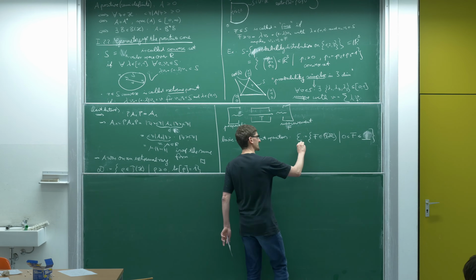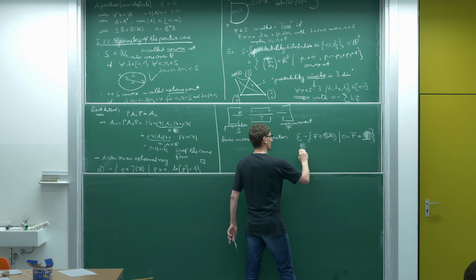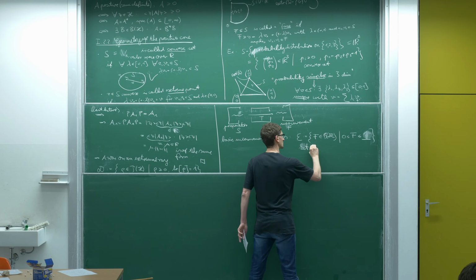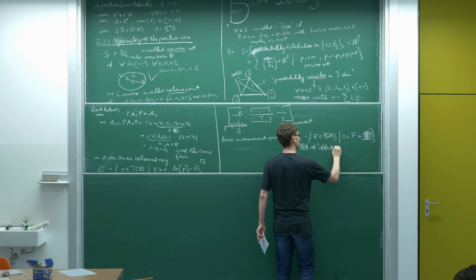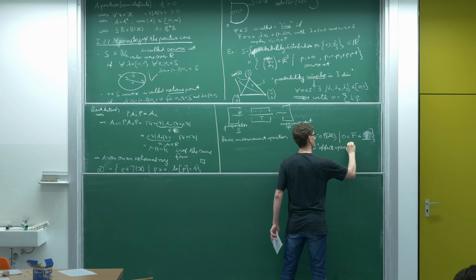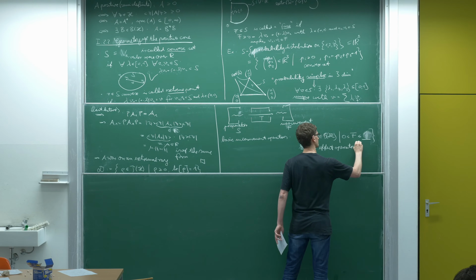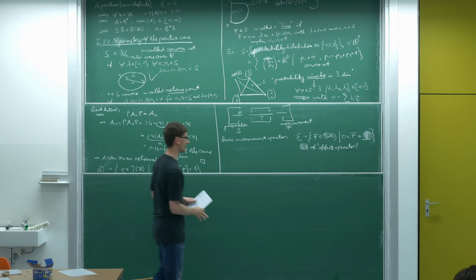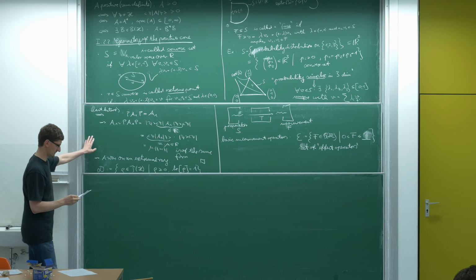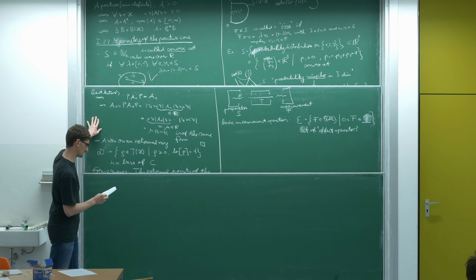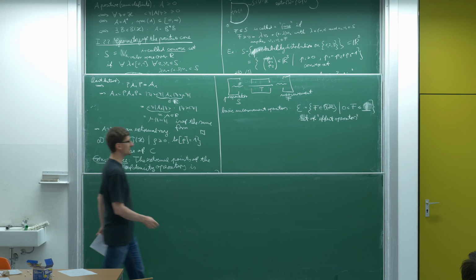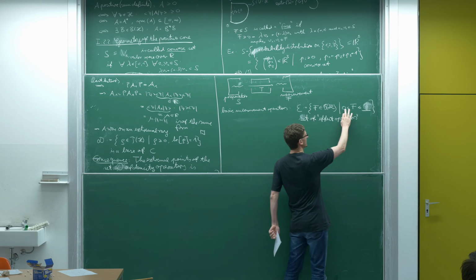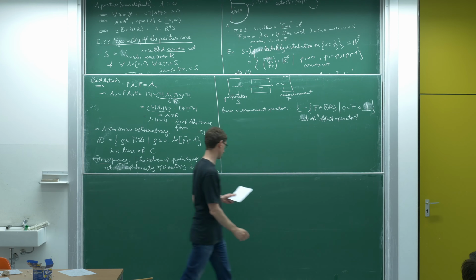So this is called the set of effect operators, and the F are also called effects. So these are positive semi-definite operators, and the eigenvalues are between 0 and 1.